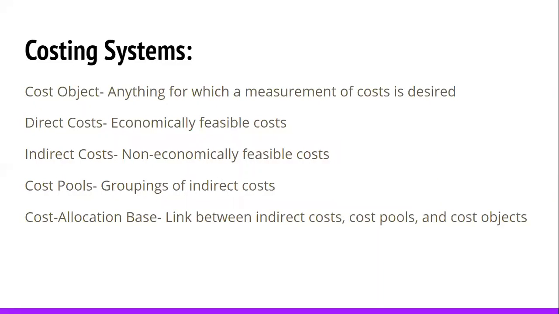Indirect costs are non-economically feasible costs, or costs that aren't as directly related to the cost object. Cost pools are groupings of indirect costs, and then a cost allocation base is the link between the indirect costs, cost pools, and cost objects. And now Andrew's going to take it away and talk about process costing and what that is.